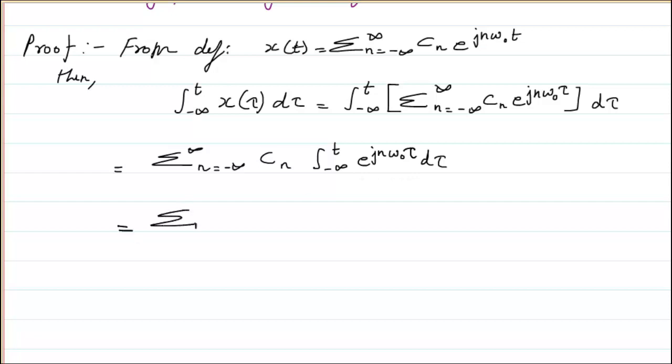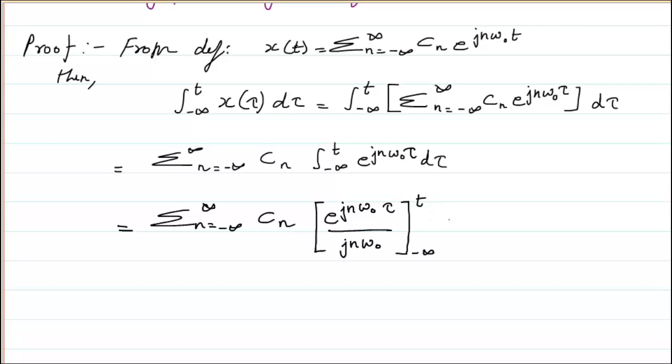So if I integrate this, you all know that it is summation n equals minus infinity to infinity Cn, and the integration of this will give me the function e raised to power jn omega naught tau with denominator jn omega naught, and I put that in a bracket. It is going to be from minus infinity to t.